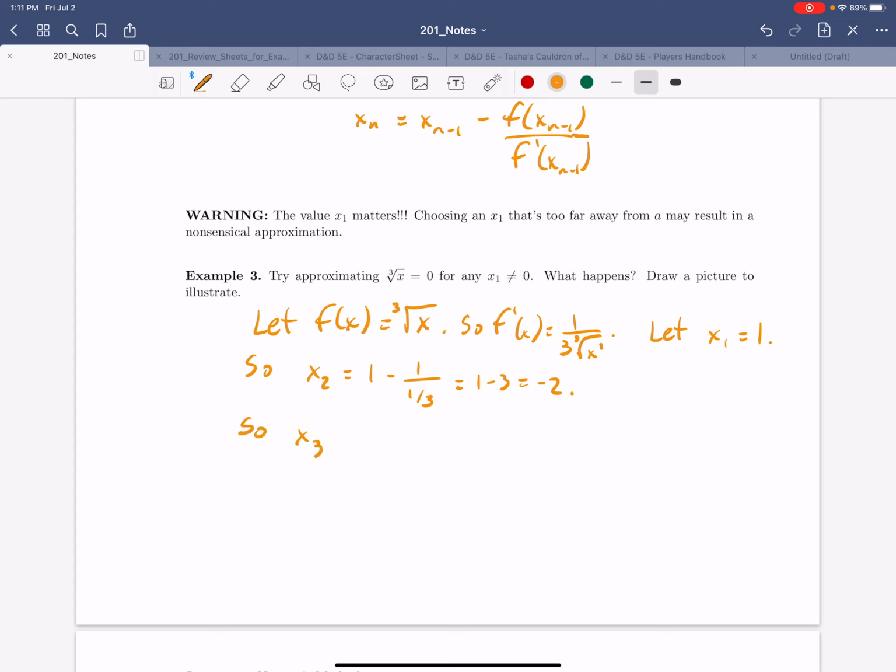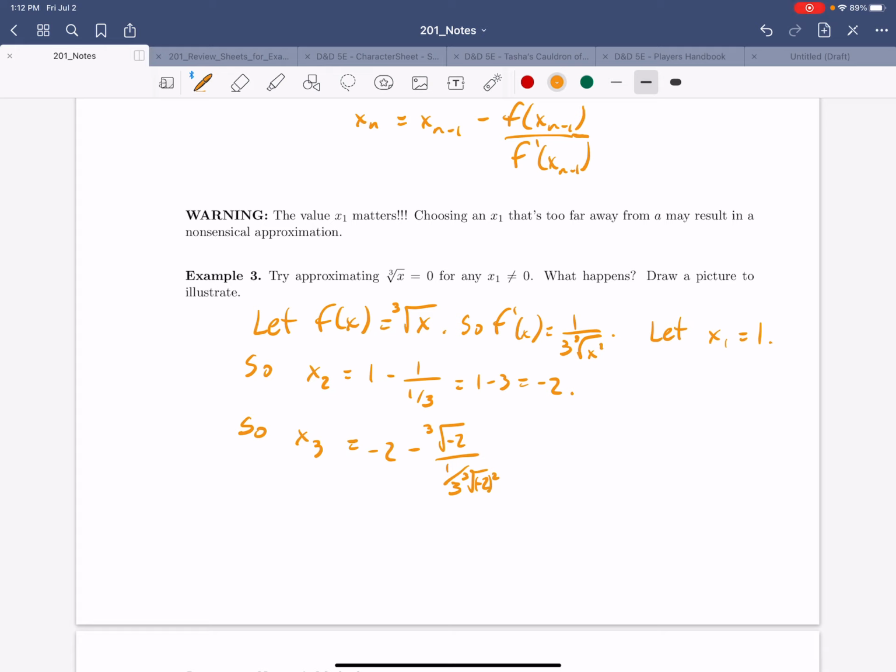so x3 equals negative 2 minus f of negative 2, which remember does exist, the cube root of negative 2, divided by 1/3 times the cube root of negative 2 squared. Well, hold on a second.